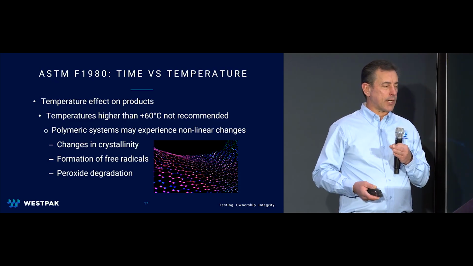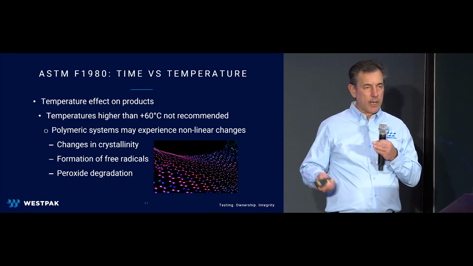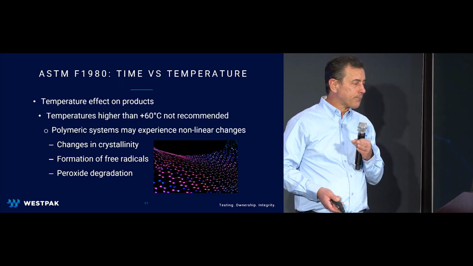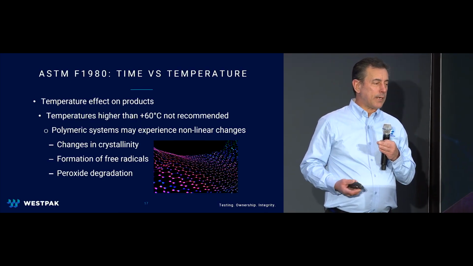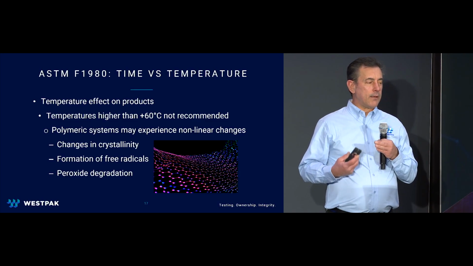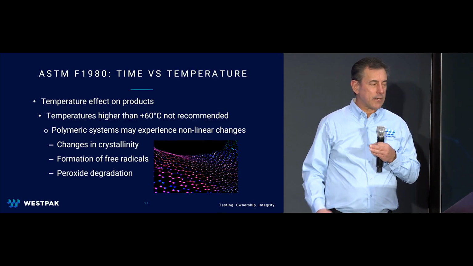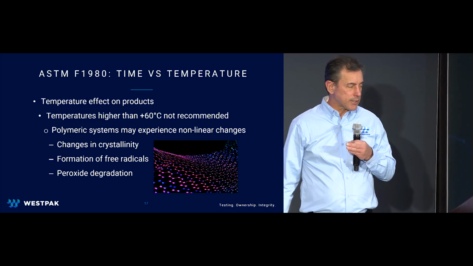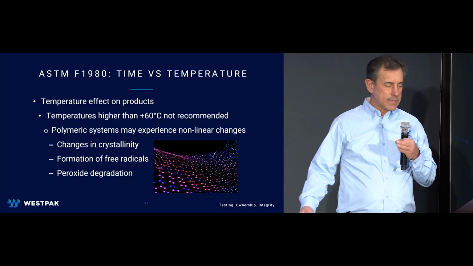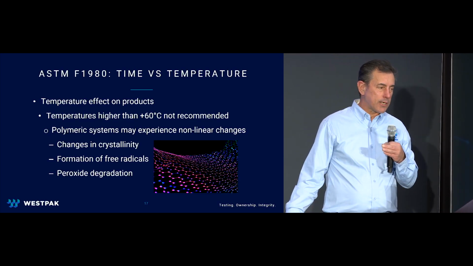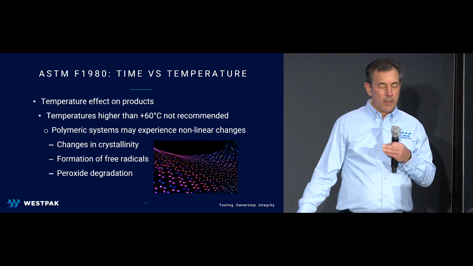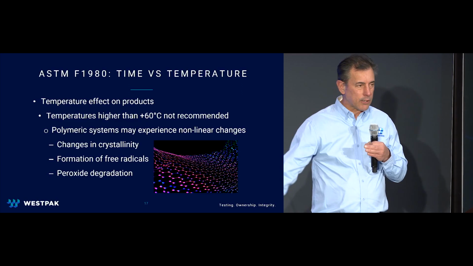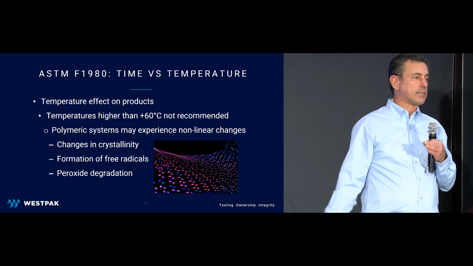The standard suggests that the temperature should not be any higher than 60 degrees C. And the addition of humidity can make polymeric systems experience nonlinear changes. Well, what does that mean? Changes in crystallinity can happen, formation of free radicals, and peroxide degradation can all occur from the presence of moisture.